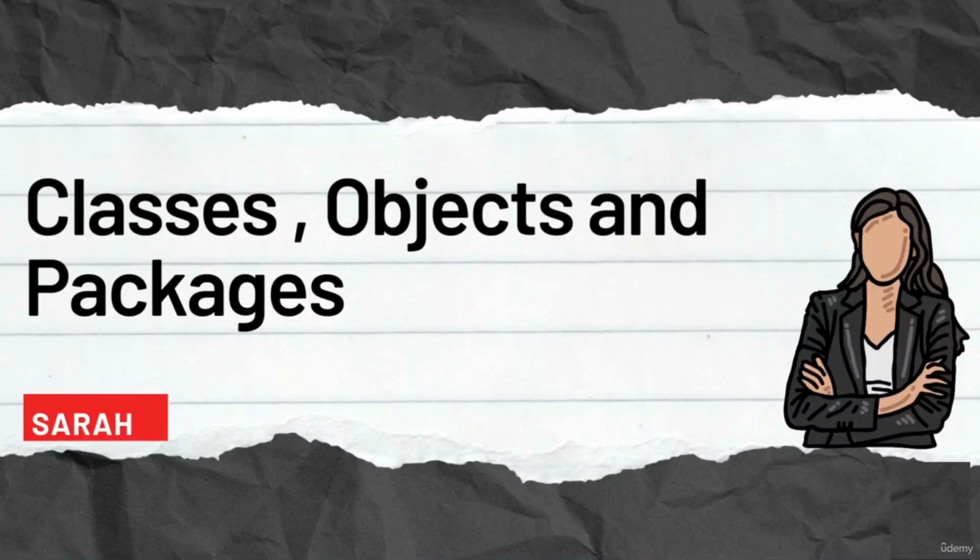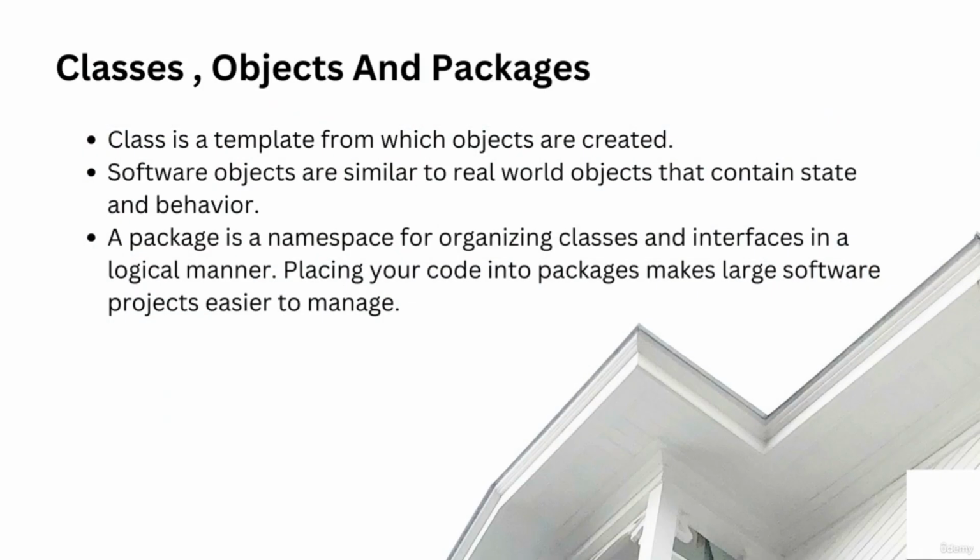Next, we'll be talking about classes, objects, and packages in Java. A class in Java is like a blueprint or a template from which objects are created. For example, we have in the real world a car blueprint from which real cars are made. Here, the blueprint is a class and real cars are objects. Software objects also have state and behavior just like real world objects.